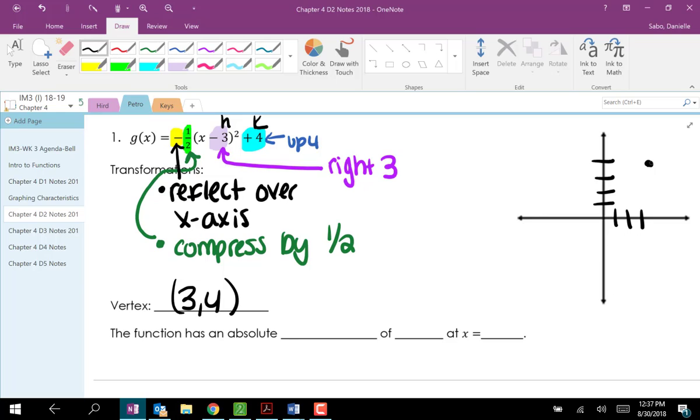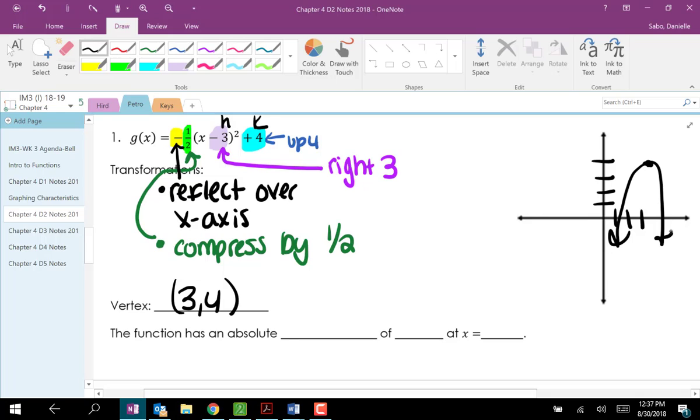Now, the one thing I would like to know, do you think we're concave up or concave down? Down. You're right. It's down because you have a negative all the way out in front next to the equal sign. So we're just going to sketch it. You don't have to get out your calculator and actually get some points.